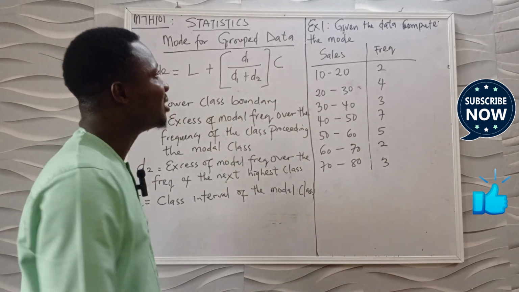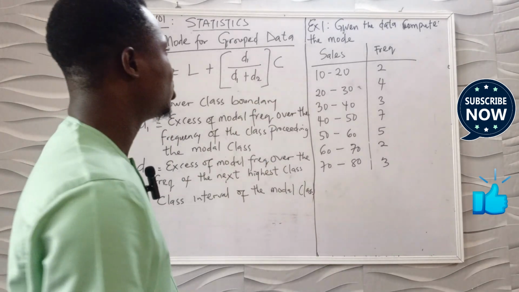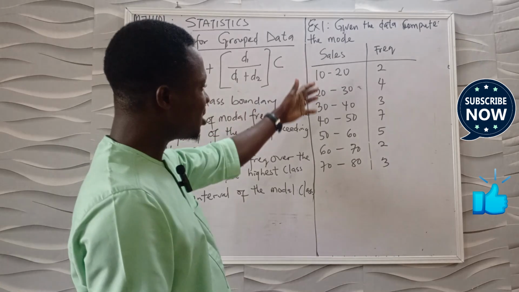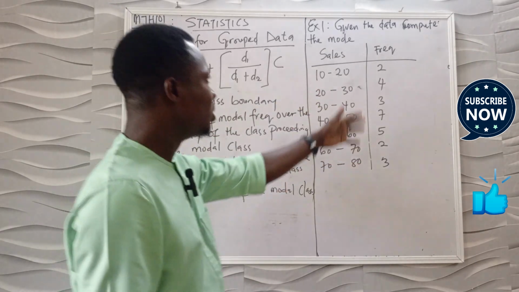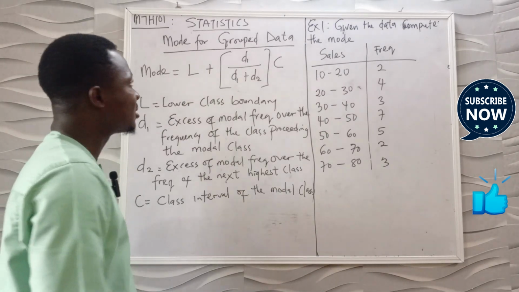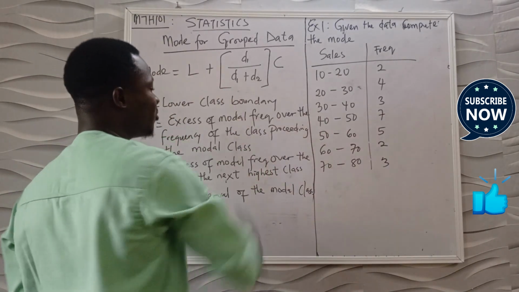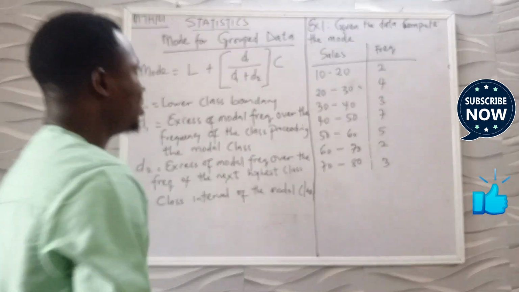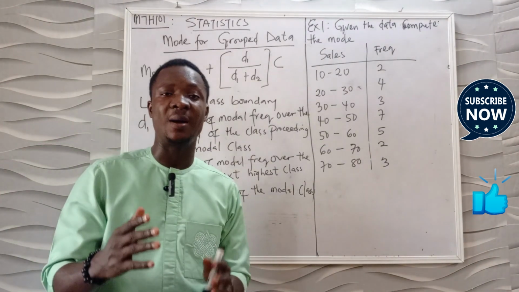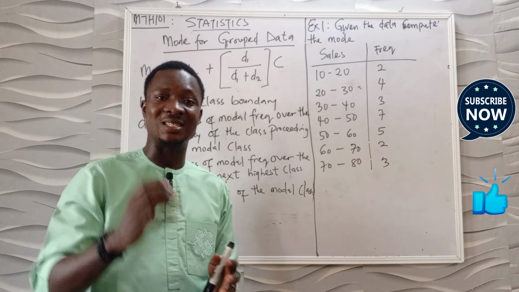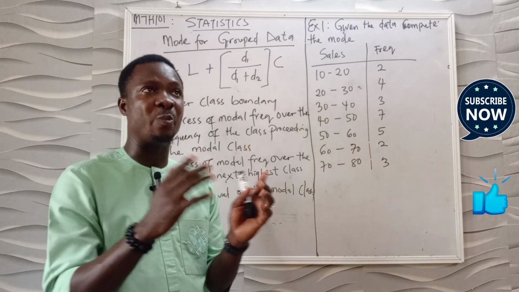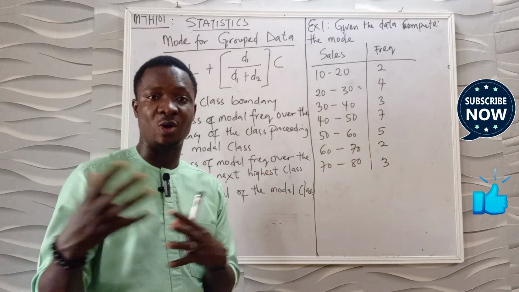Example 1 says, given the data, compute the mode. We have sales and we have the frequency. Like I said, this is grouped data. Let's see how we can get what we need in order to solve the question. The very first thing, remember we said that mode is that particular data that has more frequency, that number that appeared often.